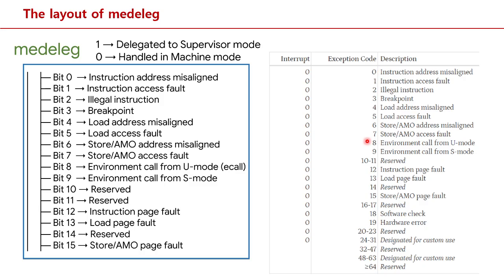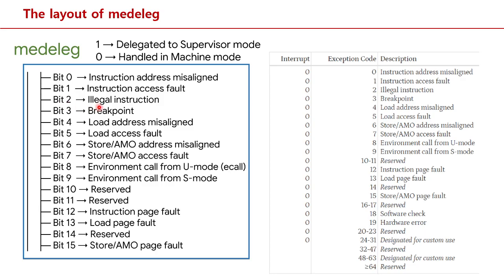This table outlines the exception codes in the RISC-V architecture. After RISC-V generates an exception, this value will be updated in either the machine cause register or the supervisor cause register. But the value of the exception code corresponds to the bit position.